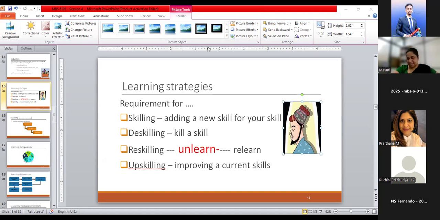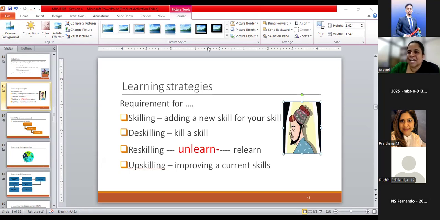So you know the story of the Taj Mahal, right? What happened to the architect? What did King Shah Jahan do to the architect? He blinded him. So that is de-skilling: kill the skill.